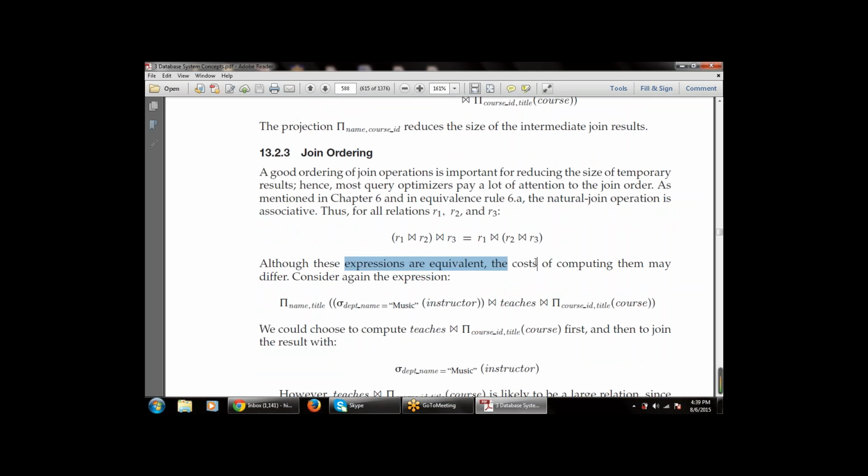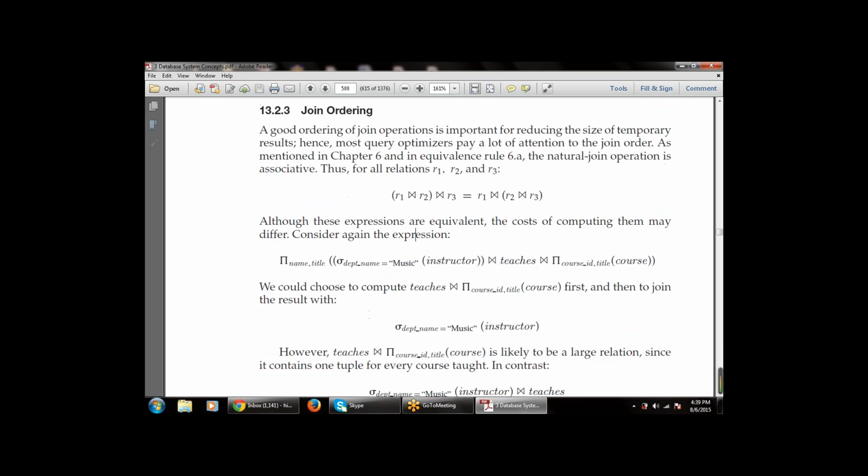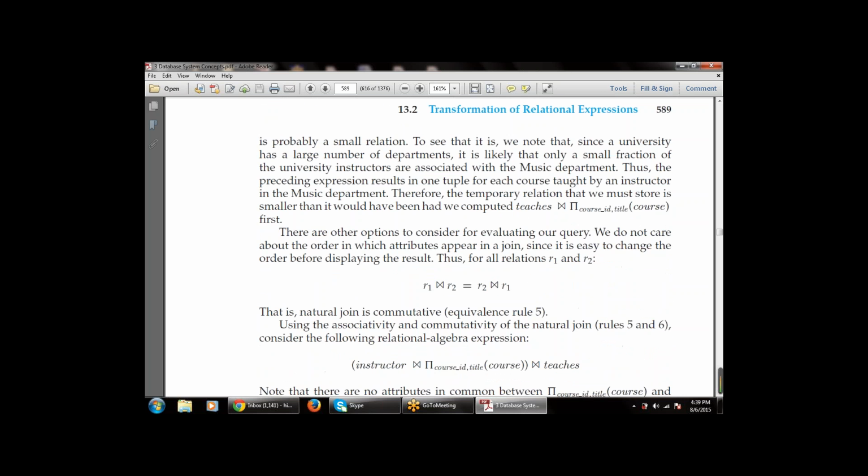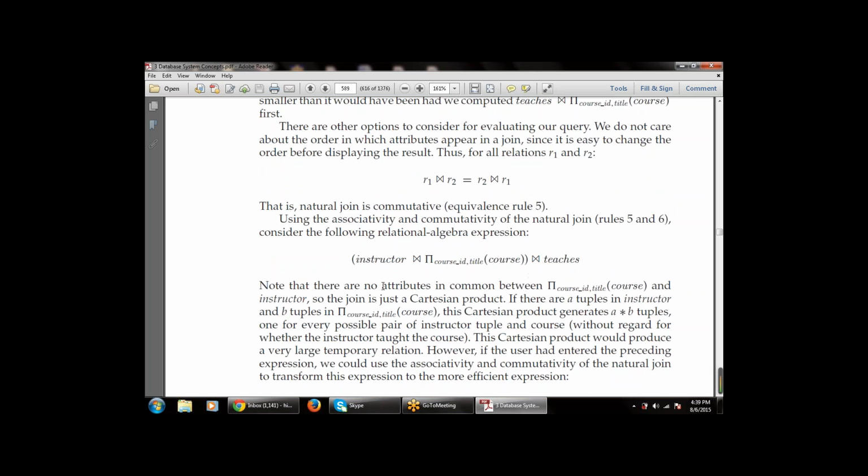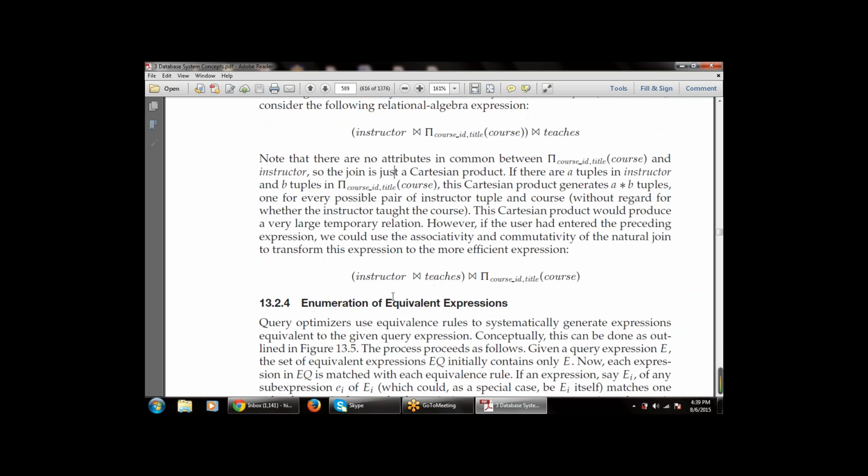Although these expressions are equivalent, the cost of computing them may differ. The cost required differs from join to join. Note that there are no attributes in common between the projection of course ID and title from course and the instructor, so that join is a Cartesian product.